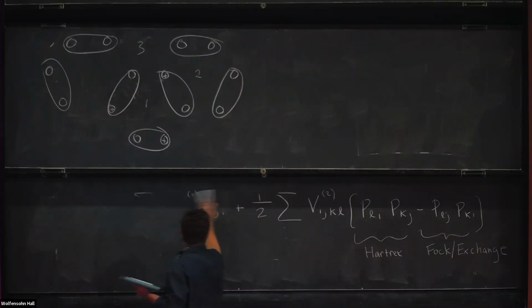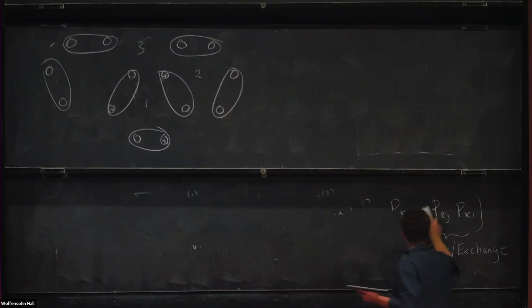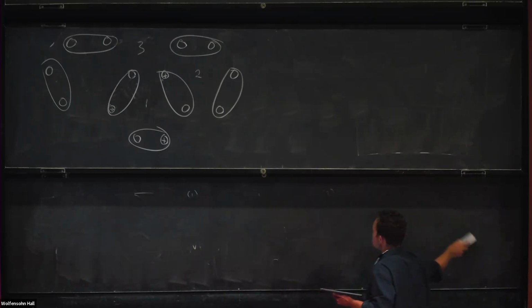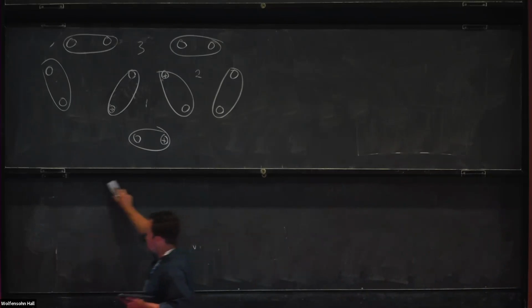And then at the next step, you make an updated guess for the projector, which is to fill the lowest energy orbitals of the Hartree-Fock Hamiltonian.